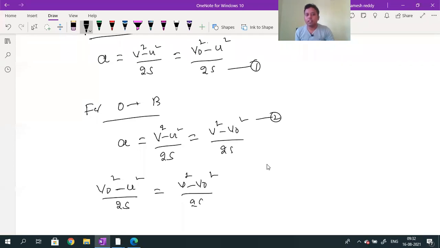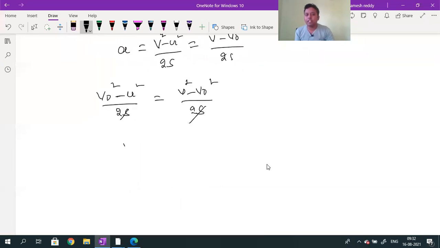The 2s cancels. Then if you simplify this, you will get V0 is equal to root over v square plus u square divided by 2.